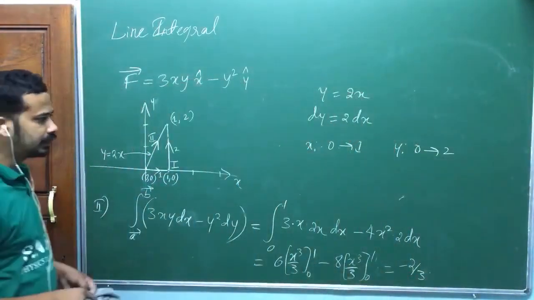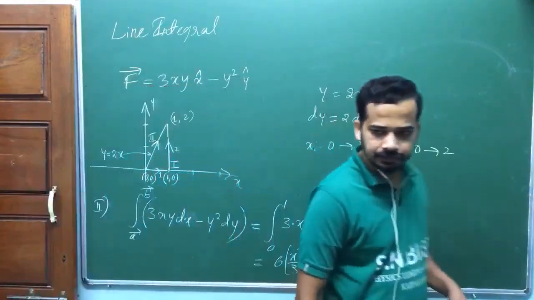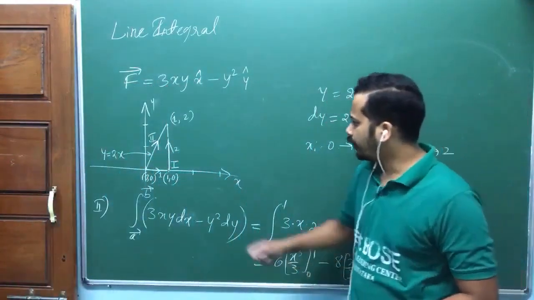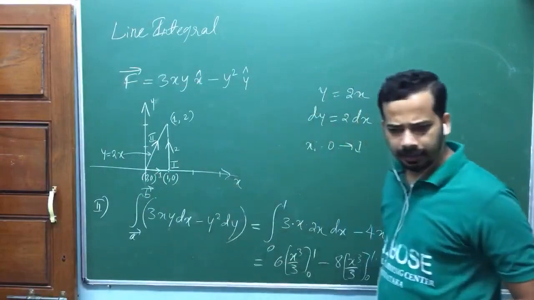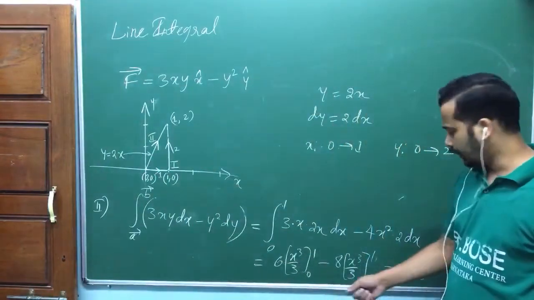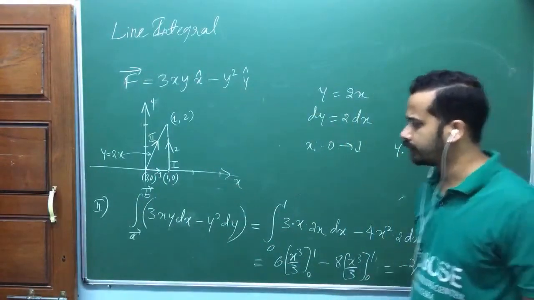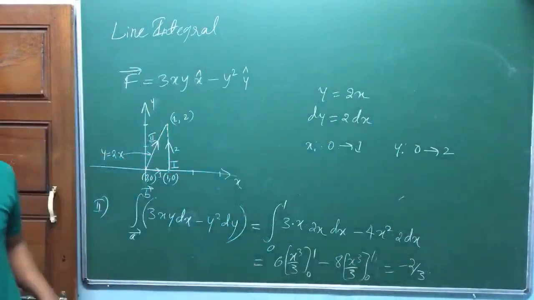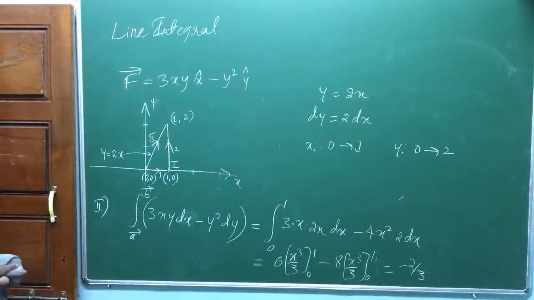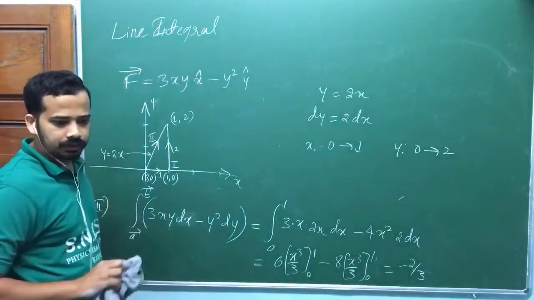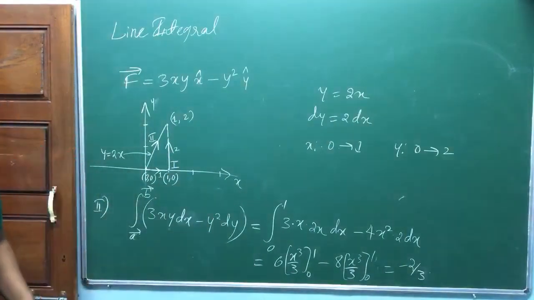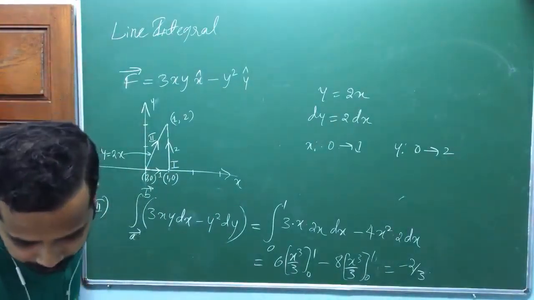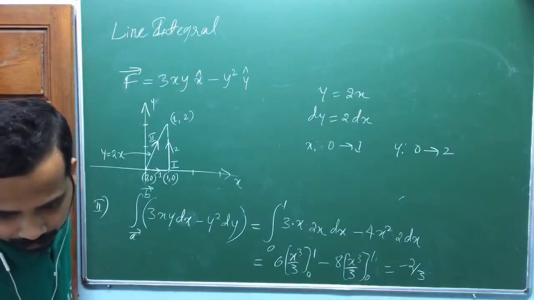Now look at here, path integral depends on the path, isn't it? For first path, it was minus 8 by 3 or something. For second path, it is minus 2 by 3, it is different. Now look at here, I'll take the same vector field. I'll take now some other path. Let me define that one as a parabola.